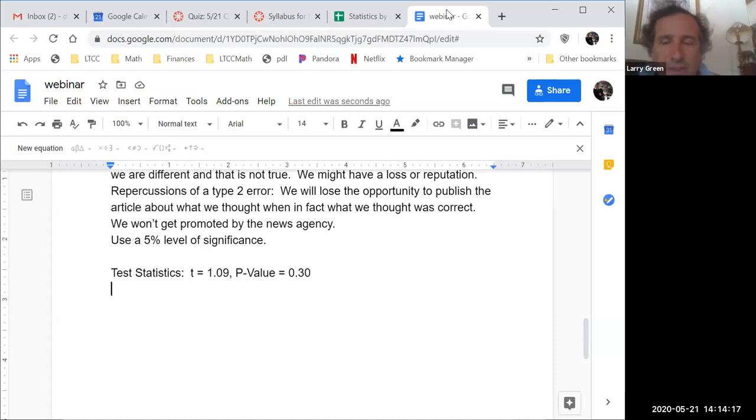All right, so what does that tell us? So what does it tell us if the p-value is 0.3? You can give me the short answer first, and then we'll do the long answer.